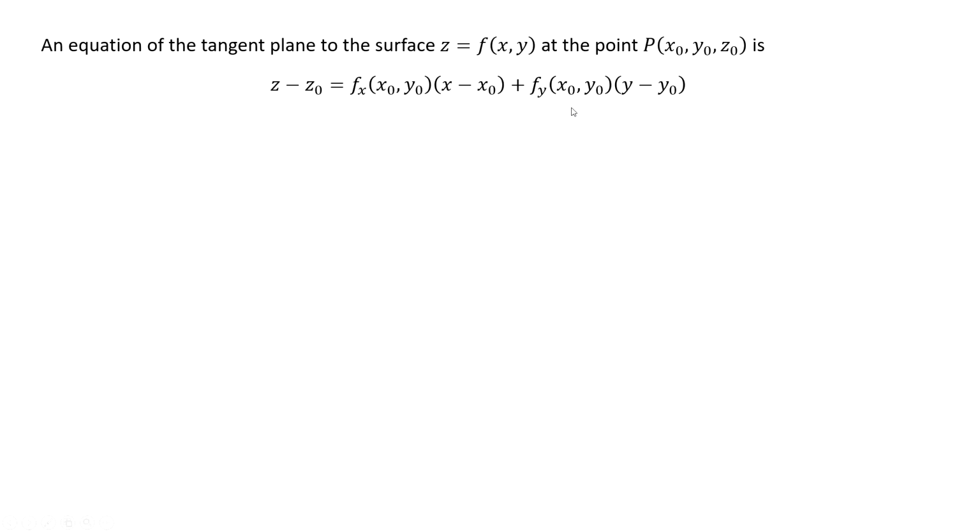I better be careful. When we find f sub x, partial f with respect to x, I think that's a better way to explain. What do we do? We let y equal a constant, right? In this case, that constant is not just some constant, it is a specific constant, y equals y sub 0.